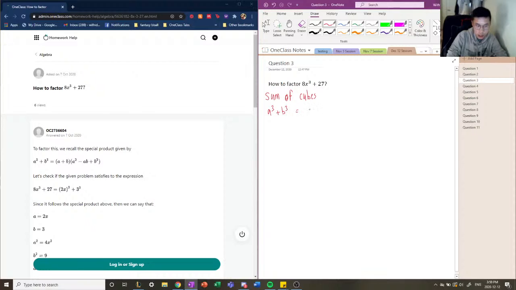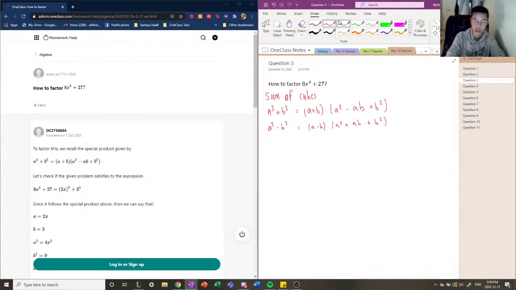And the factors for this is going to be (a plus b) times (a squared minus ab plus b squared). Okay, so that's the first part of the sum of cubes. The second one is pertaining to a cubed minus b cubed. That will equal (a minus b) times (a squared plus ab plus b squared).